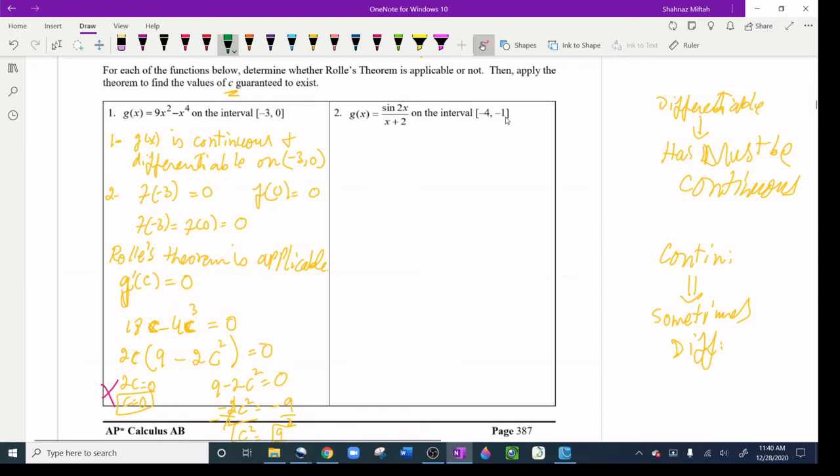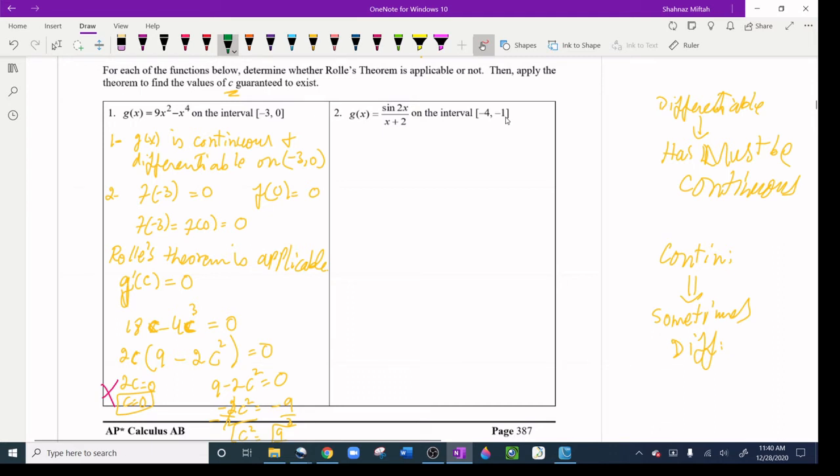If one of the conditions is not met, like if it's not continuous, it's not differentiable, or f of a and f of b are not the same, then Rolle's theorem doesn't apply. Since x plus 2 is a denominator, when I make it equal 0, I get x equal -2. -2 is between -4 and -1, which means that's a vertical asymptote and it's not continuous.